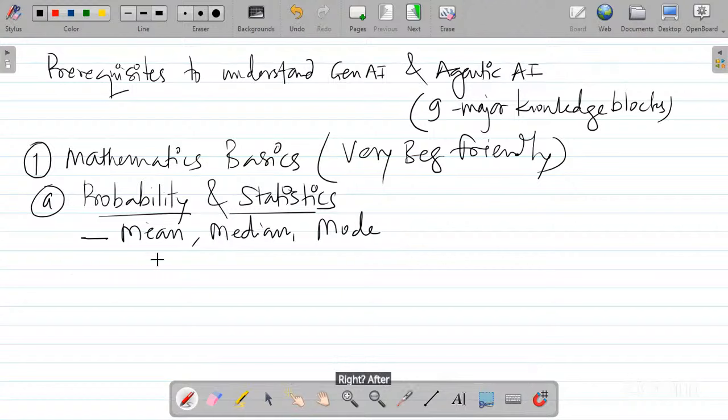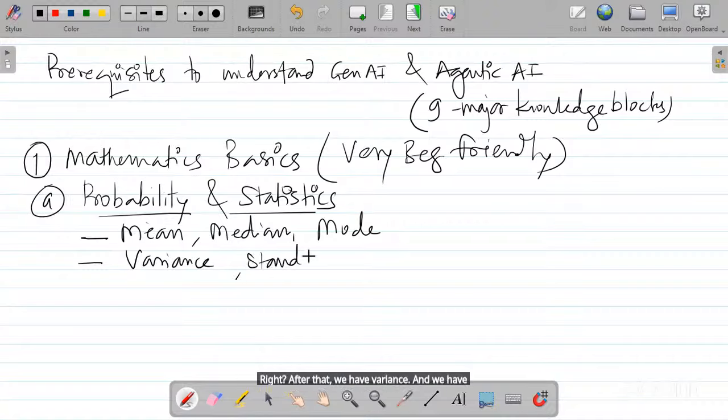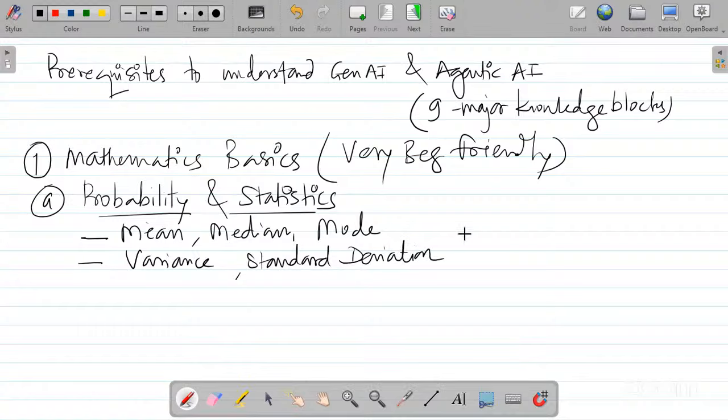After that we have variance and we have standard deviation. So if you are working with any particular data set, then how much variation exists in your data set needs to be calculated. And at that point, this particular concept will help you.